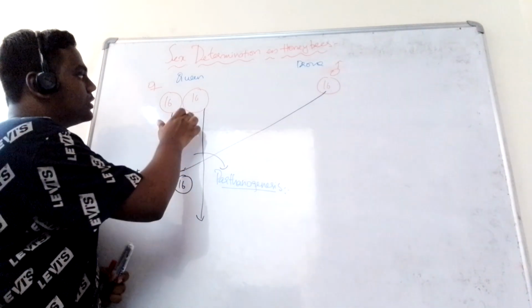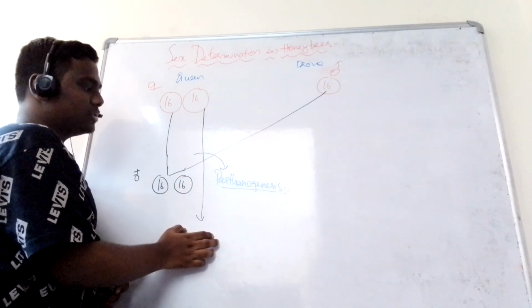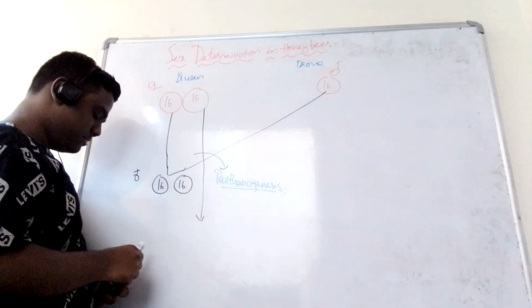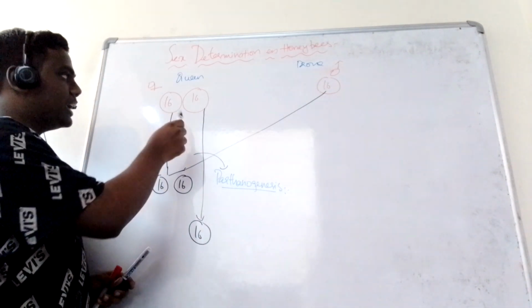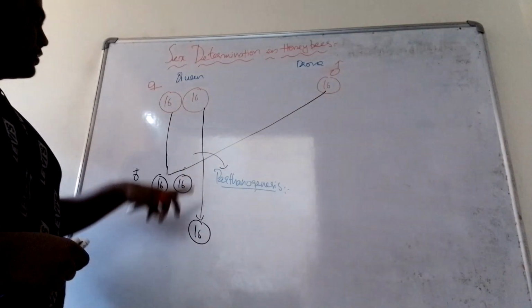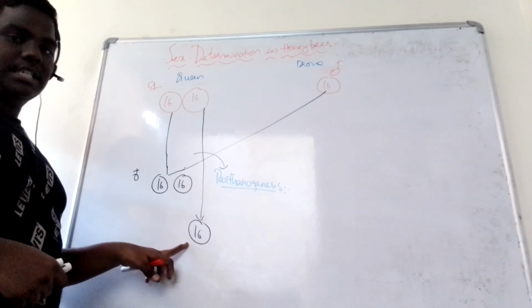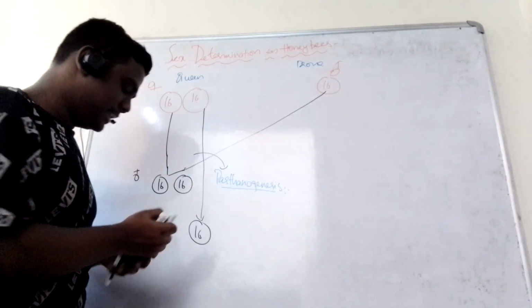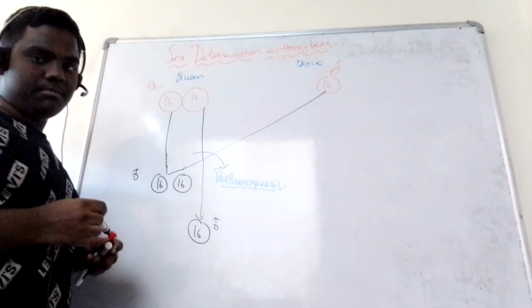So one of the queen's eggs will undergo parthenogenesis and form 16 chromosomes. Only the queen is able to produce this, and this 16-chromosome egg turns into a male.